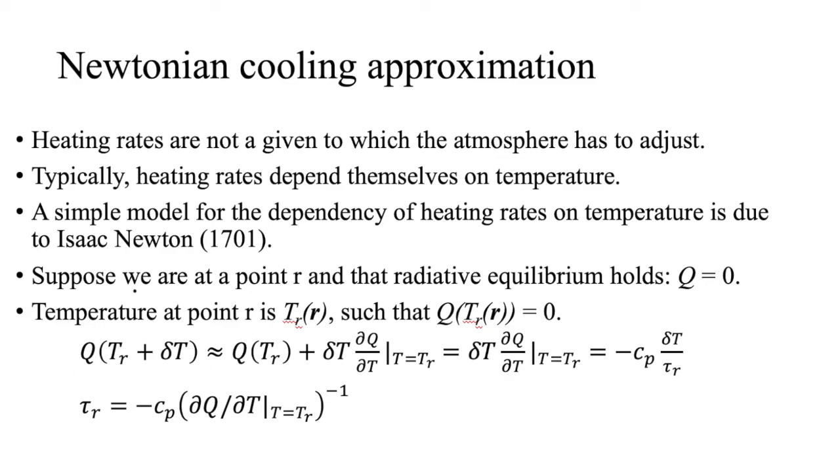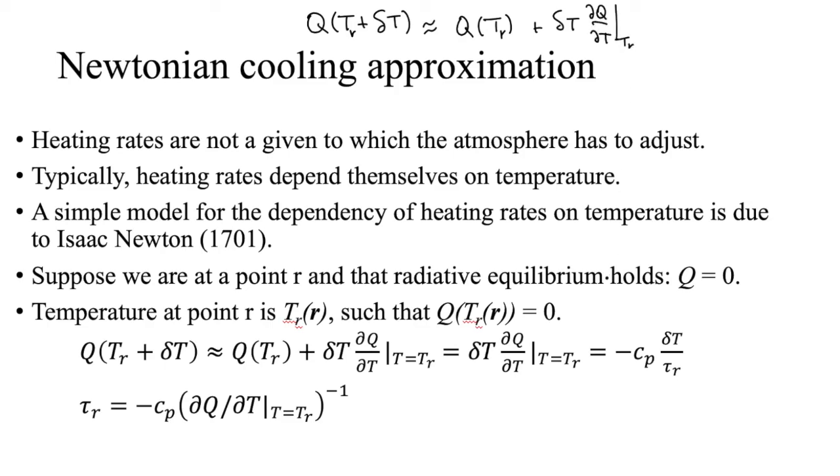What does the heating look like? Suppose you have Q of T plus dT. Well, you can expand this with a Taylor expansion. This would be Q of T_R, where T_R is the equilibrium temperature, plus dT times dQ/dT, computed at T equal T_R.